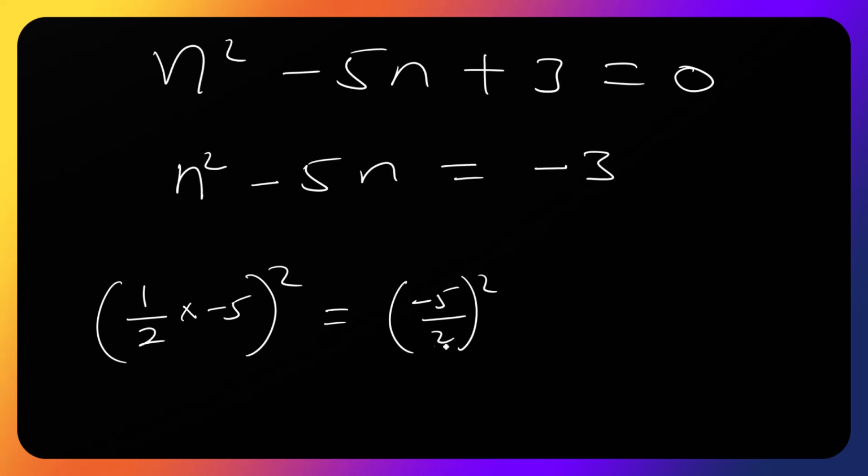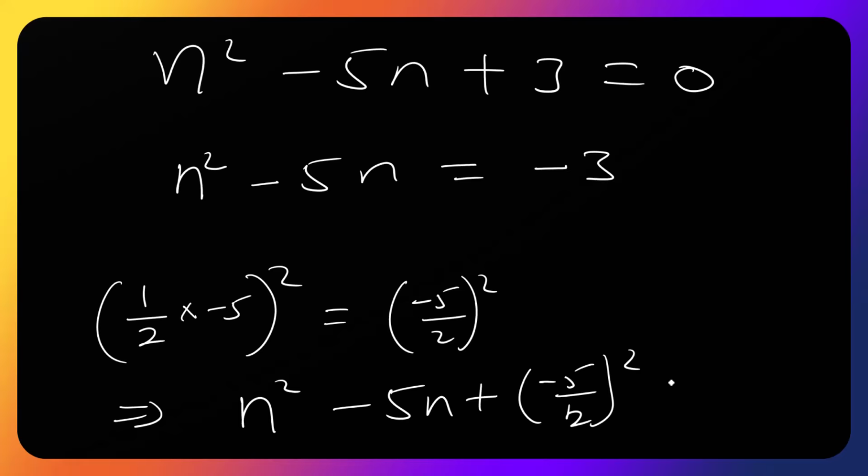So we'll add this one to both sides of the equation. n squared minus 5n plus minus 5 on 2 all squared equals minus 5 on 2 all squared minus 3.